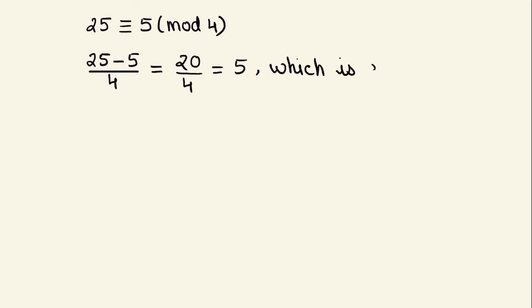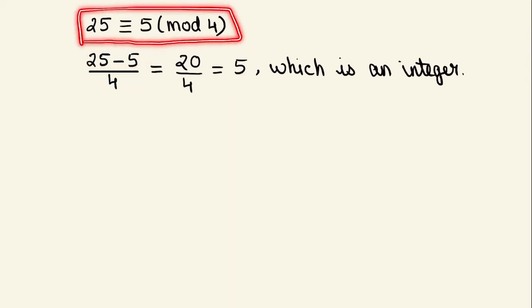That means here a minus b is divisible by m because we got an integer after dividing, hence this statement is true.